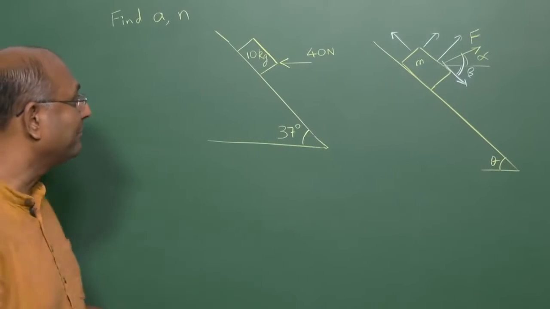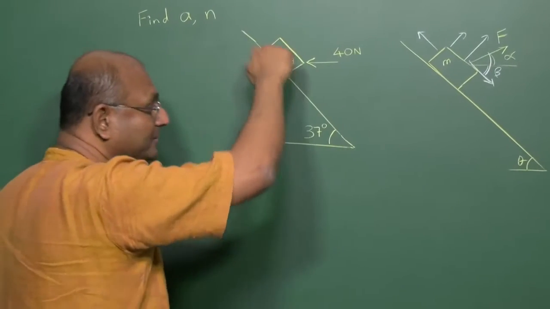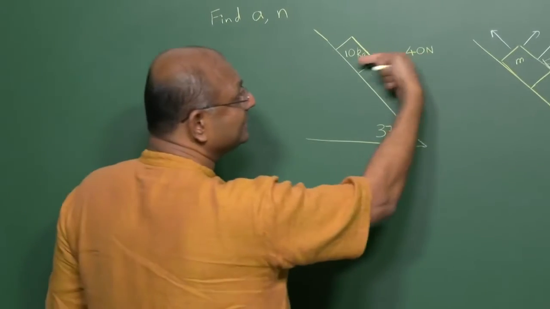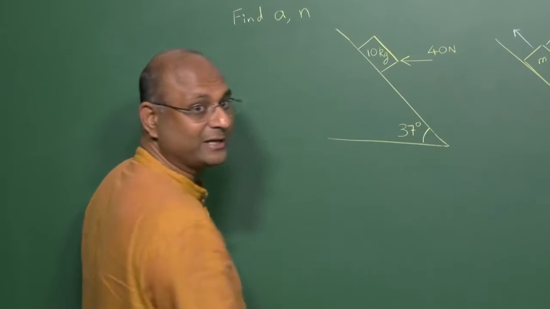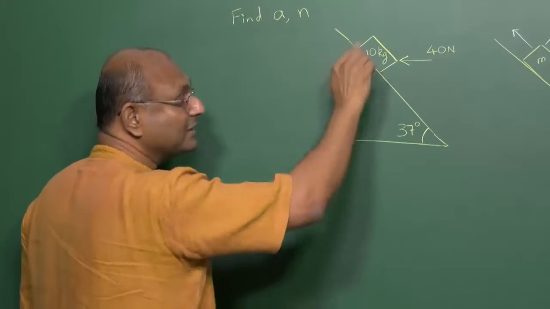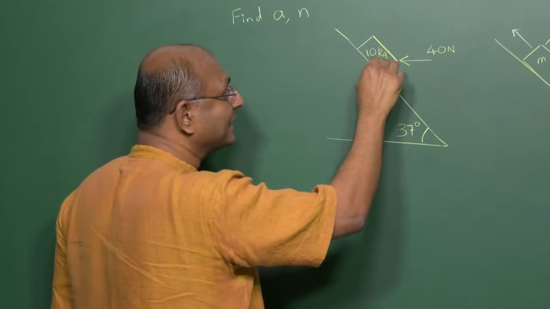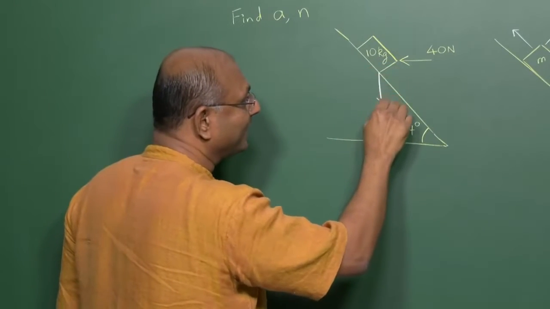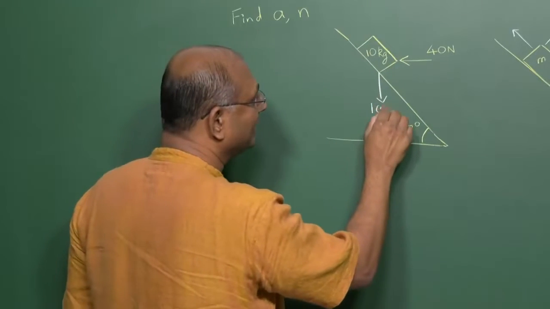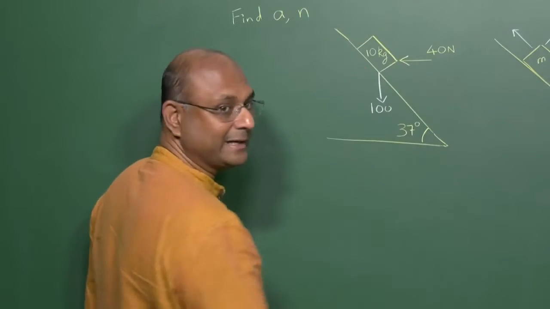So here I have a 10 kg block on a smooth incline. The angle of the incline is 37 degrees and there is a horizontal force of 40 newtons. Let us find the acceleration and the normal force. You know that there is a gravitational force. Just to make life easy, I will start with the gravitational force pointing down like this, though it is supposed to start from the center.